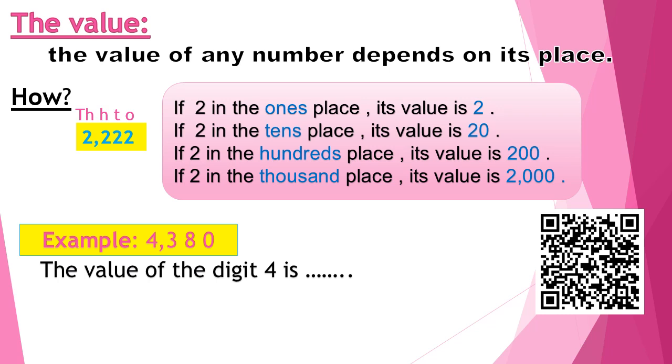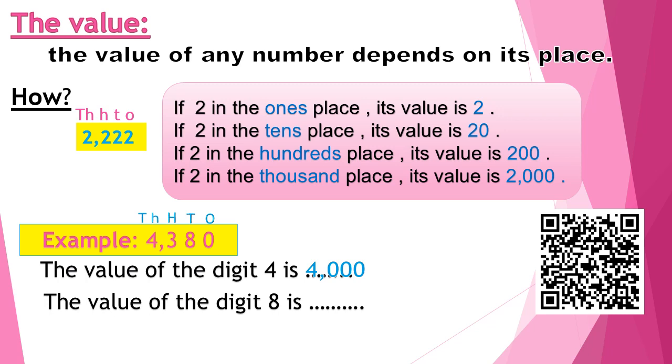This 4 is in which place? Let's put our places: ones, tens, hundred, and thousand. This 4 is in thousand place. In thousand, how many zeros will I give? I will put 3 zeros. So its value will be 4,000.